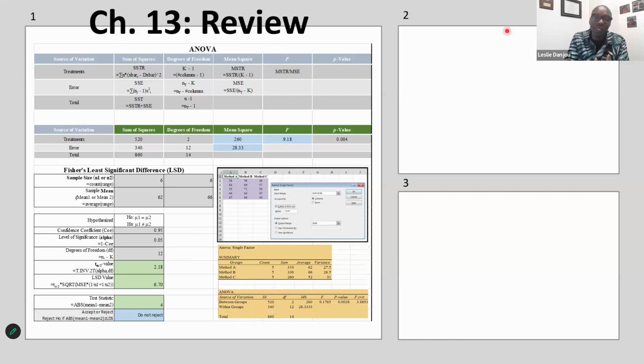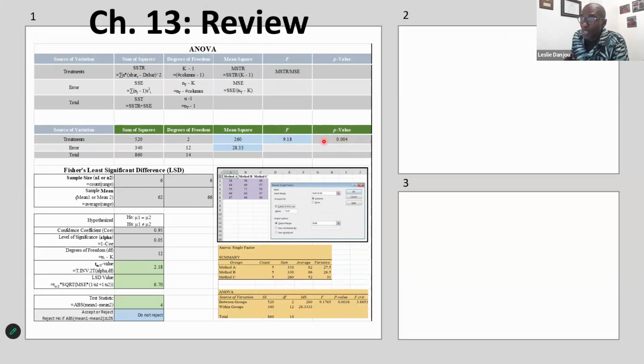And then in chapter 13, we did ANOVA, analysis of variance. We're looking at different averages and seeing if there's a variation between these averages or not. We've shown you how to do it the manual way. Based on the formulas up top, they'll give you this information and you can get your values. Once again, there are two ways to test whether it's rejected or not rejected. You can use the test statistic or you can use your p-value.